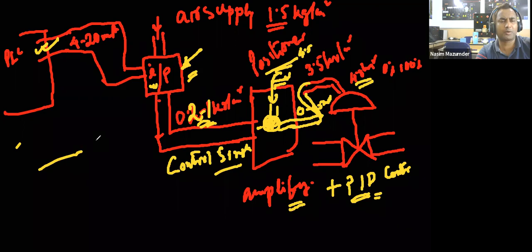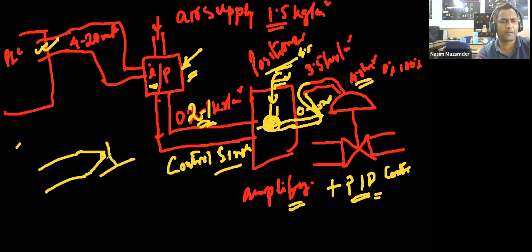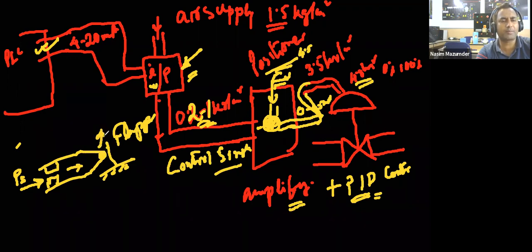Likewise there will be a nozzle, this will be my flapper, and there will be some orifice. When air supply is coming here, and if this flapper is close to this nozzle, then very little air will be coming out of this nozzle.